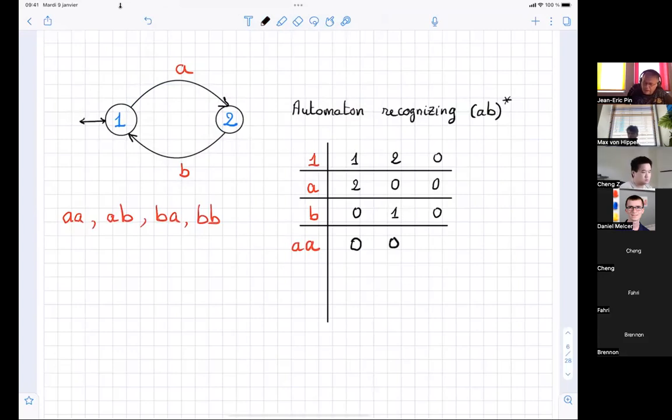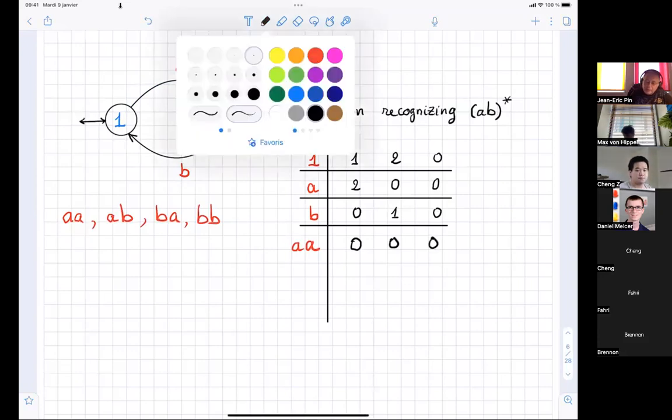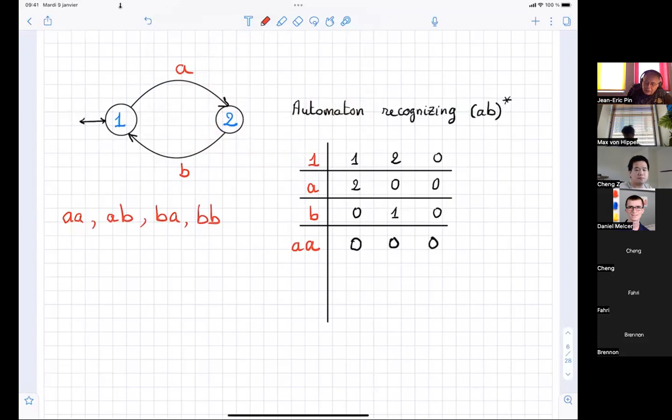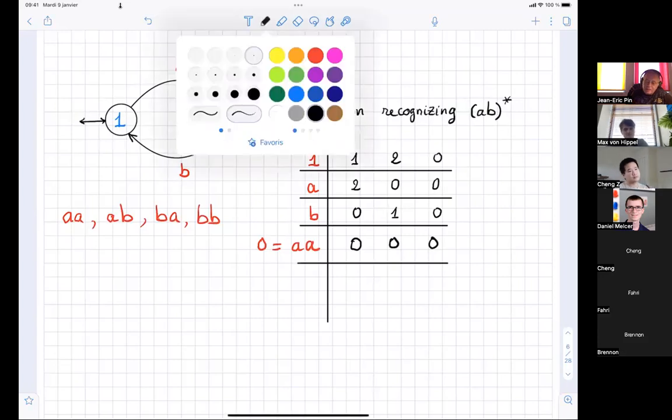And so I can consider this element as a 0, because it is acting just as a 0. So the next one is AB.